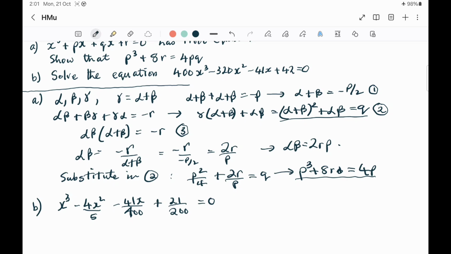Okay? So what we'll then do with those assumptions, we'll get that alpha plus beta is equal to 2 upon 5. And alpha beta will equal minus 84 over 320, which equals minus 21 upon 80.